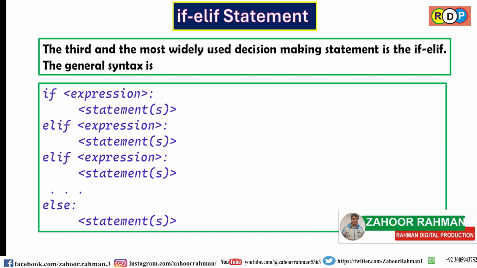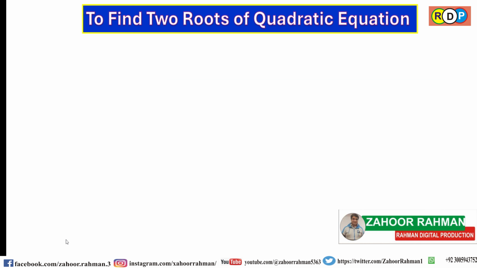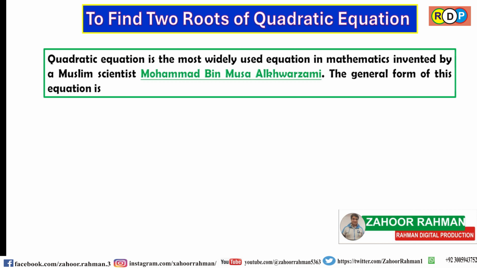So let us, using this concept, find the roots of a quadratic equation. Now, quadratic equation is the most widely used equation in mathematics, and that was invented by a Muslim scientist, Muhammad bin Musa al-Khwarizmi.